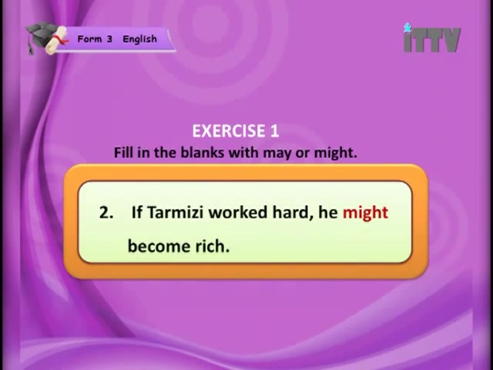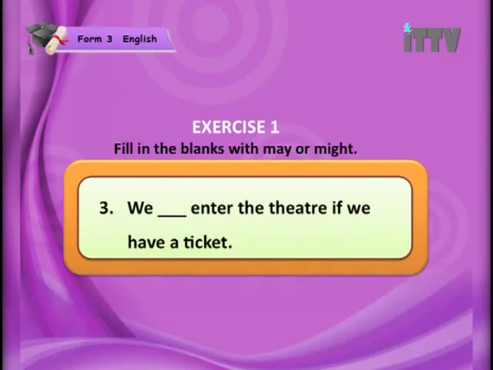Answer: If Tarmizi worked hard, he might become rich. Number 3: We dash enter the theatre if we have a ticket. Answer: We may enter the theatre if we have a ticket.